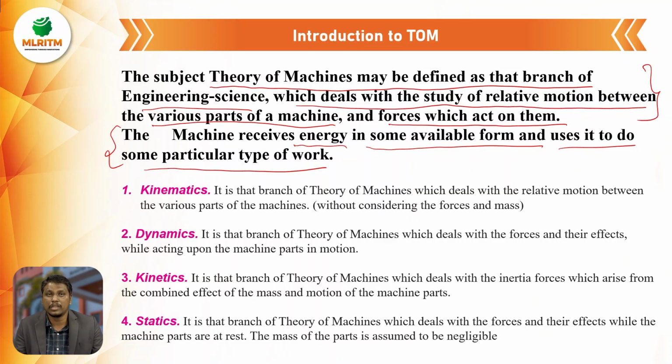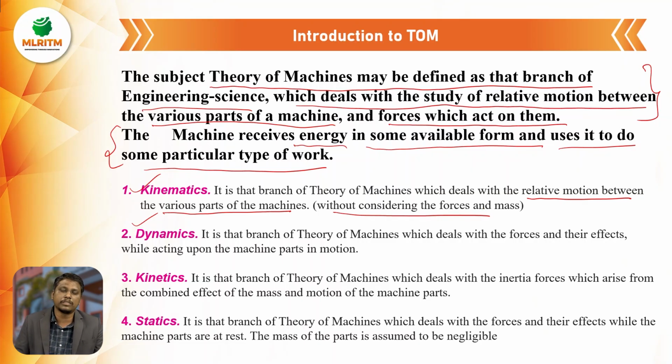So this theory of machines, as we already discussed, is divided into two different categories. One is kinematics and another one is dynamics. So what is kinematics? For this kinematics definition, one thing we have to keep very clearly in our mind. We have to study the relative motion between the various parts of the machine without considering force and mass. That is important.